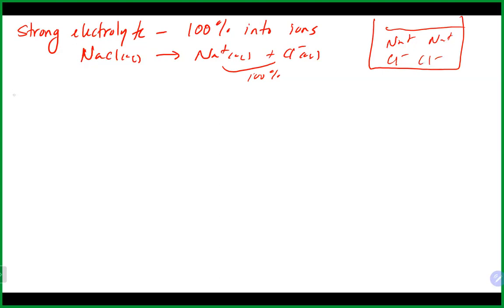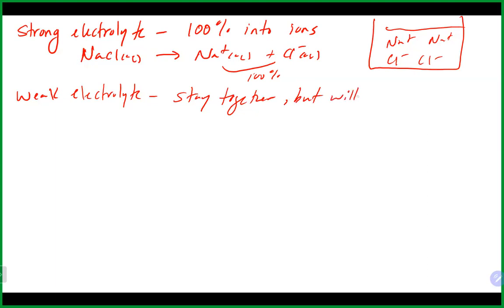There are also weak electrolytes, and weak electrolytes are a little bit different. They will kind of stay together, but will produce a few ions. For example, hydrofluoric acid is a weak electrolyte, also a weak acid. We could also recognize a weak electrolyte by the arrows used in the equation.